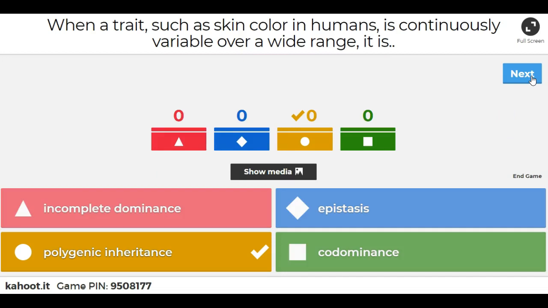Now remember, early on humans thought that there was this blending hypothesis, but things like skin color and human height show polygenic inheritance. This means there are multiple genes coding for the production of a trait.